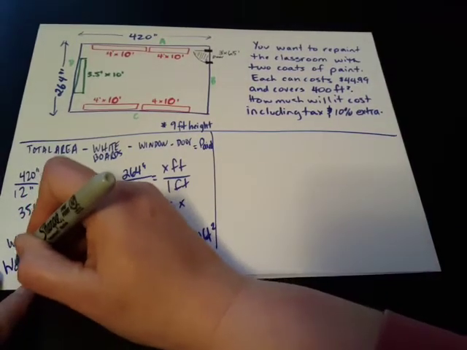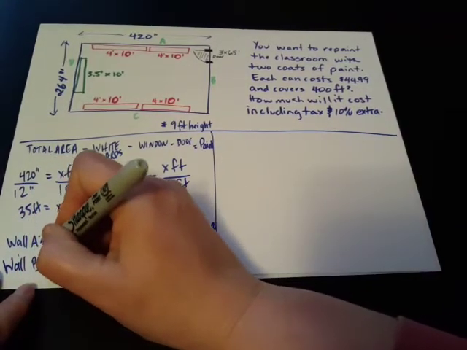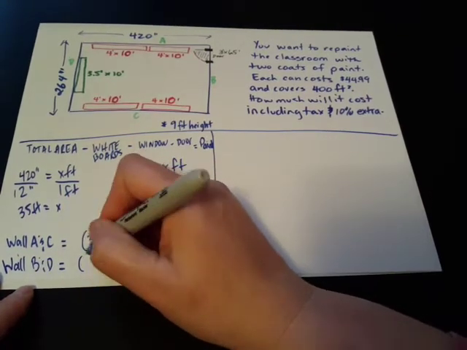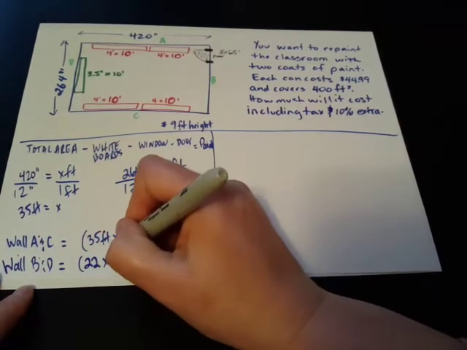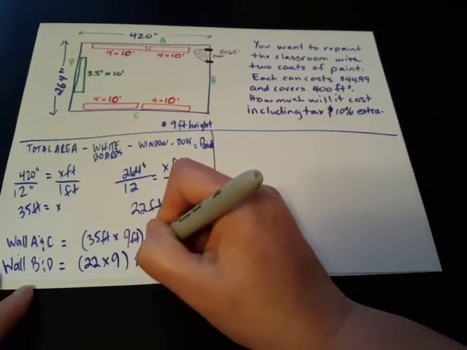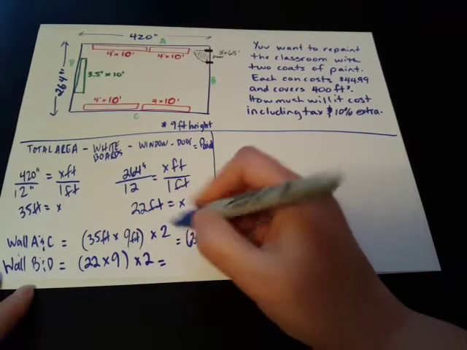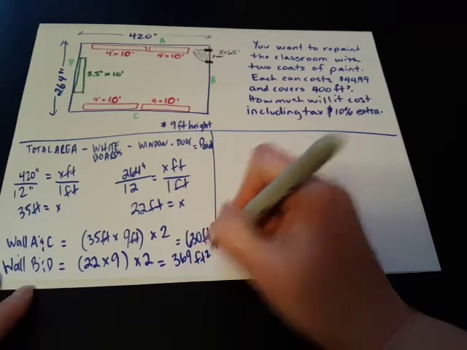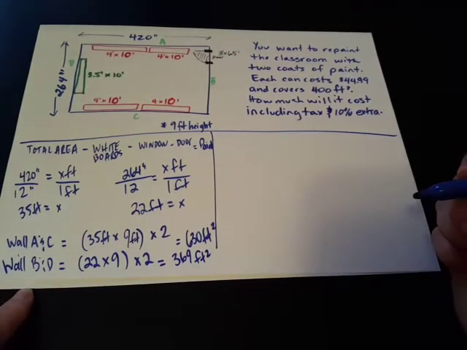So let's just do wall B and D. Individually they're 22 feet across by 9 feet high. And then there's 2 of those walls. So that'll be 396 square feet.